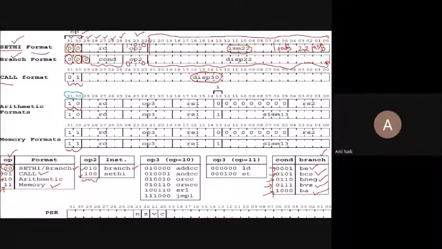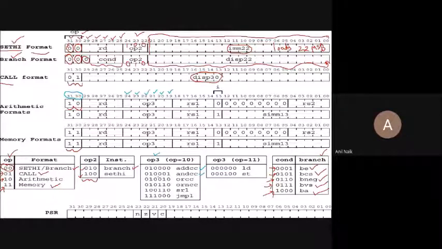So here, this 30 and 31, then OP3. How many bits are reserved for OP3? 1, 2, 3, 4, 5, 6. So 6 bits are reserved for this arithmetic operation. What is that? ADD, ADDCC, AND.